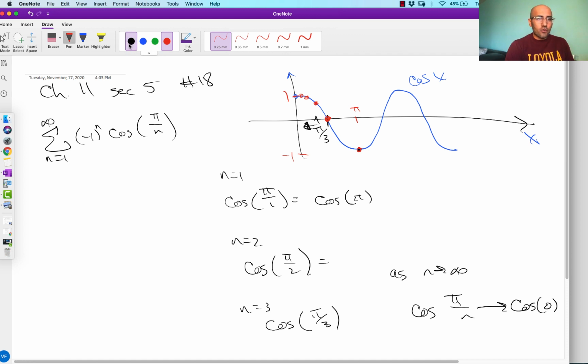Applying the alternating series test, this part can serve as our b sub n, and except for the first term, the values are positive, so it's greater than 0 for n strictly greater than 1.